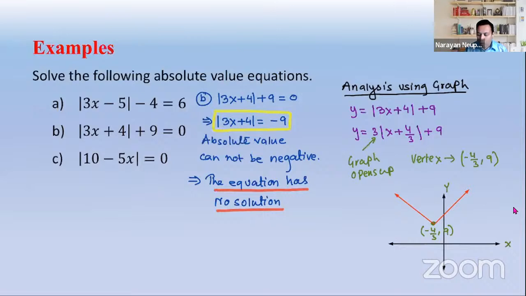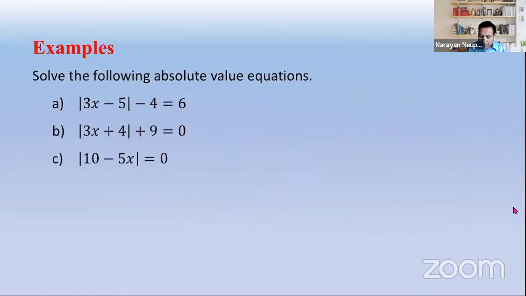Now let's look at the third example. You can see the equation is already in standard form. In C, the absolute value of 10 minus 5x is equal to 0.